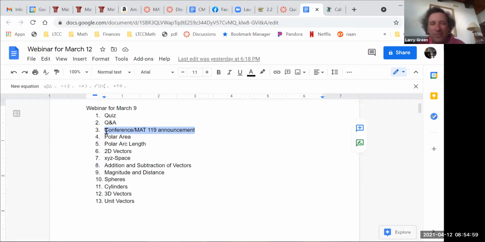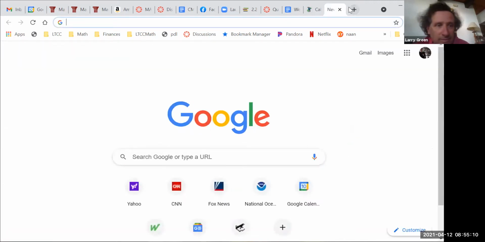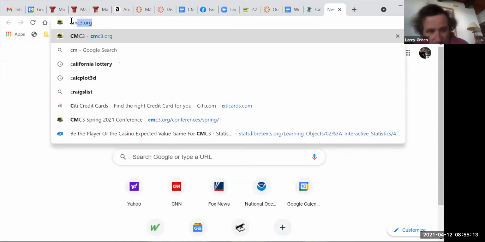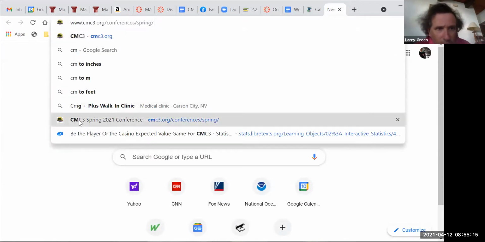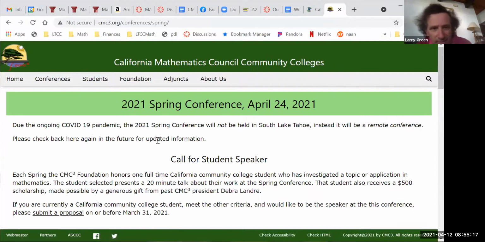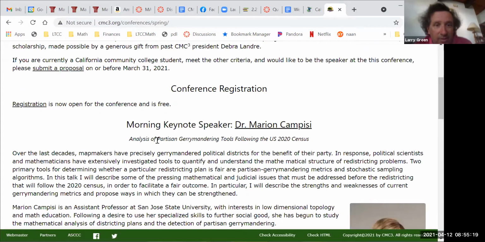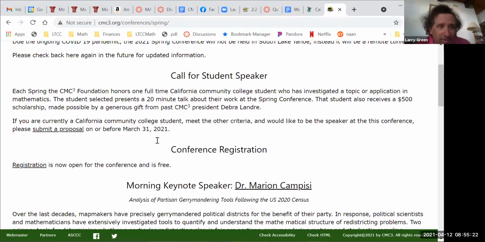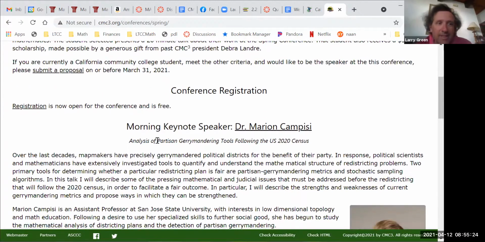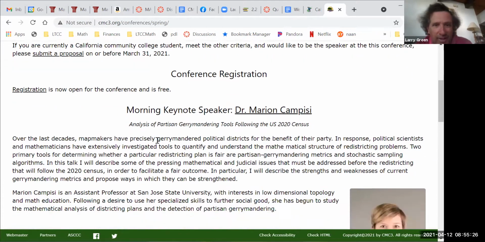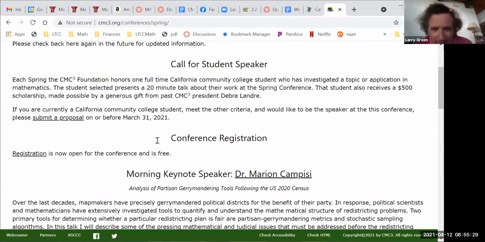It is a week from Saturday, and it is a few talks on some cool things you can do. In fact, maybe I'll pop it in. Just note that there's a few things. The first 2 pieces are some kind of math tools. And then the keynote speaker is on gerrymandering.